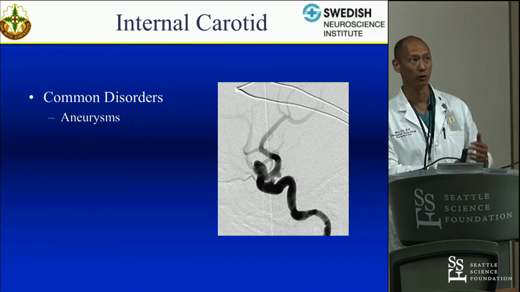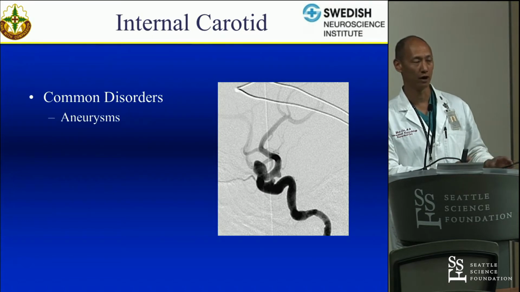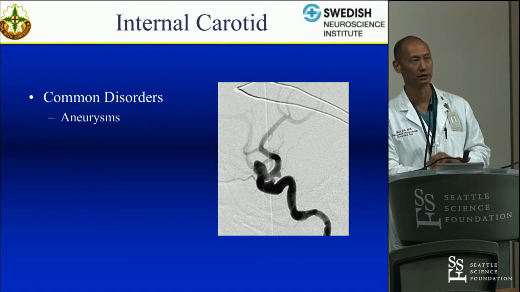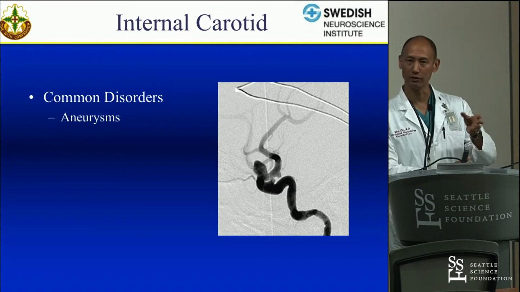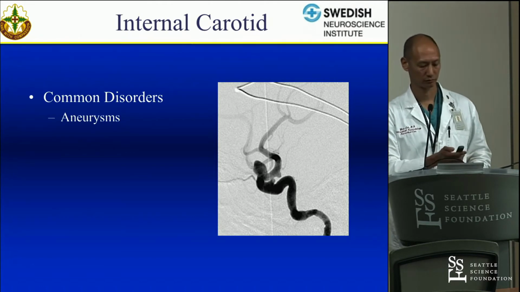If it's a type 1, where the ophthalmic artery arises completely separate from the aneurysm, those tended to do well and not have complications from vision loss. Type 2s originate with a concurrent base, where the ophthalmic itself tends to arise from the base of the aneurysm, and then type 3, where the ophthalmic artery itself arises from the aneurysm, and there's really no way to preserve that, at least endovascularly.